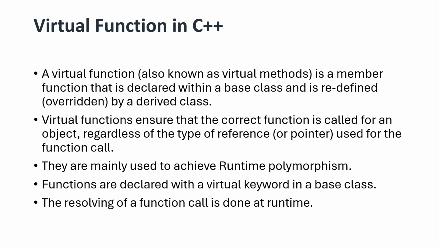Virtual functions in C++. A virtual function, also known as a virtual method, is a member function that is declared within the base class and is redefined, or overridden, by the derived class. In a virtual function, we declare the function as virtual only in the base class.